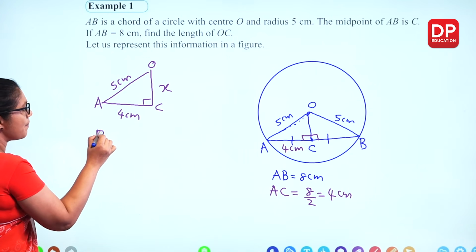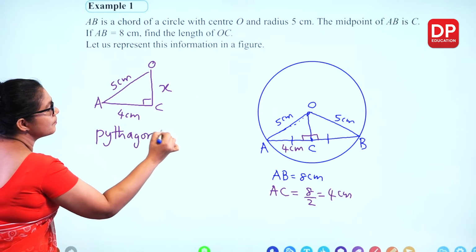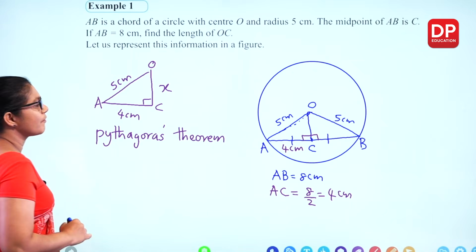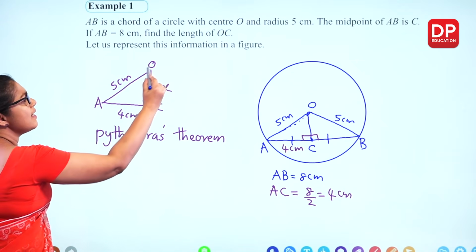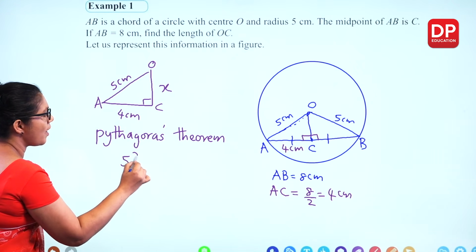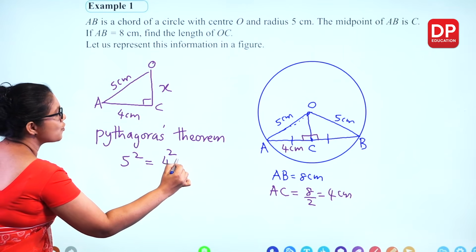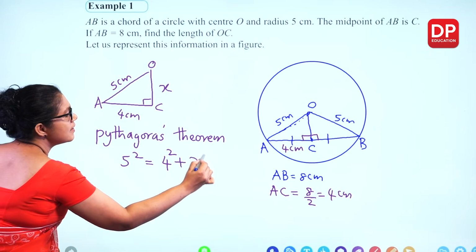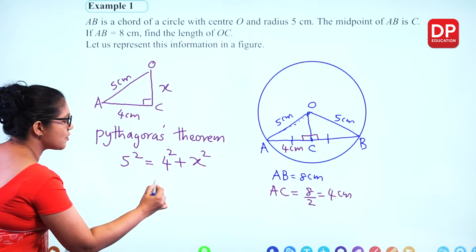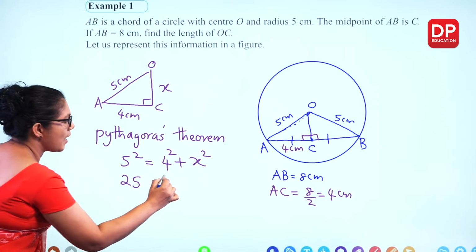So when you are using Pythagoras theorem, what can you say? OA is the hypotenuse. So hypotenuse squared is equal to the sum of squares of the other sides: 4 squared plus x squared. Now try to simplify this. 5 squared is 25. 4 squared is 16.